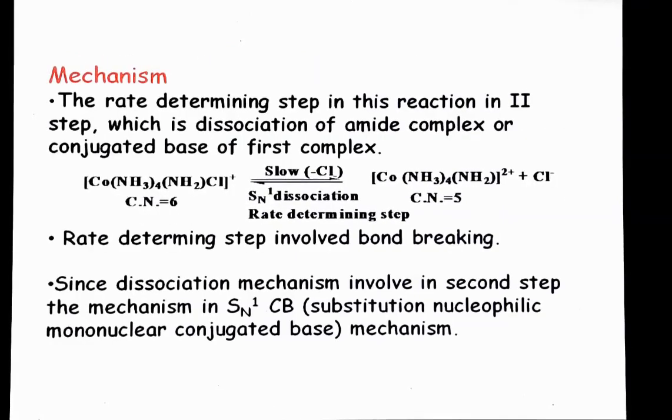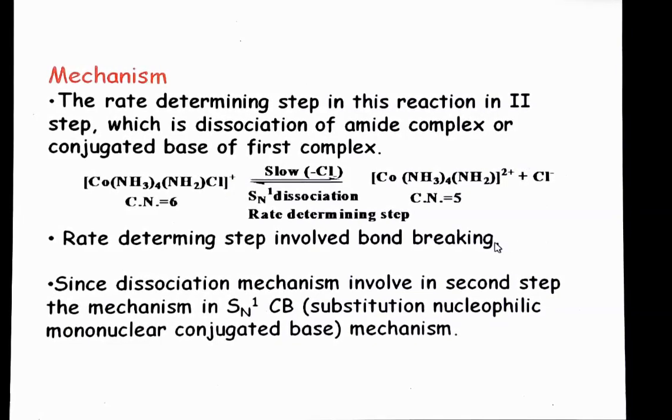In this mechanism, the second step, where the intermediate is formed, is the rate determining step, in which the amide complex, the conjugate base of the first complex, dissociates. The rate determining step involves bond breaking. The bond between cobalt and chlorine will break and chlorine leaves.